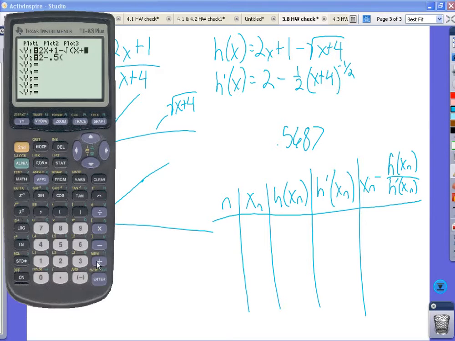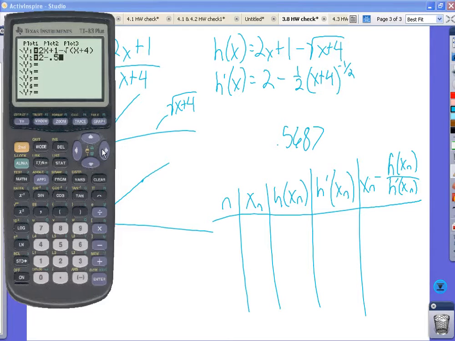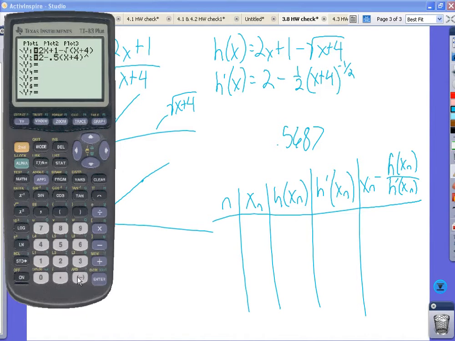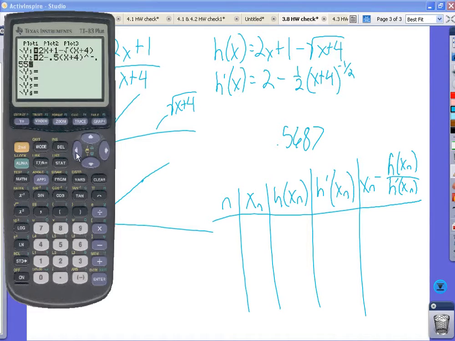Okay. So at each step along the way, we can use the calculator to do these calculations for us. We can also do a third one.